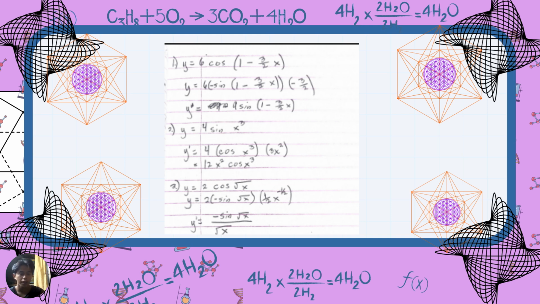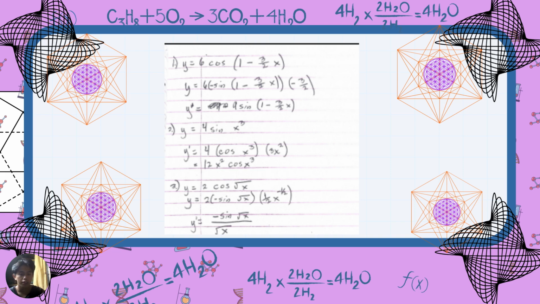And then number 3 is y equals 2 cos square root of x. Since it is a square root of x, this would be x raised to the power of 1 half.